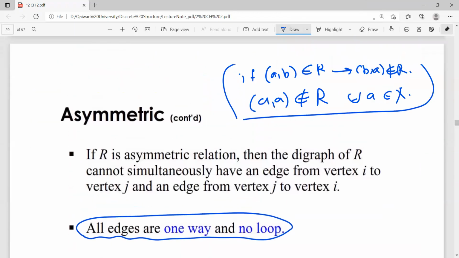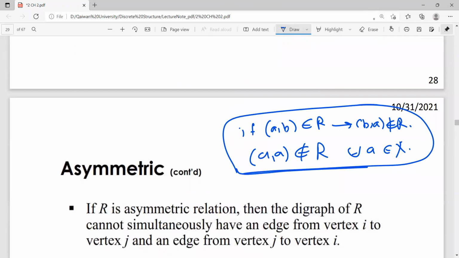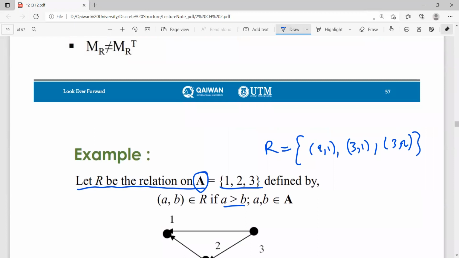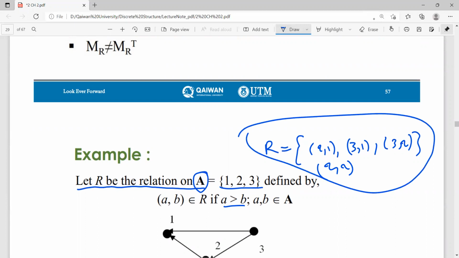So a relation must satisfy these two conditions. What if we have (2,2) in the relation, what about that? Is that asymmetric? No, that's not asymmetric, because we must have no loops from any point to itself.